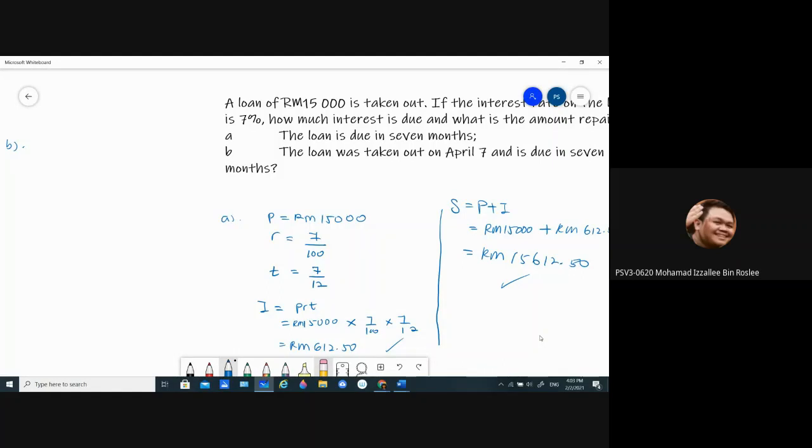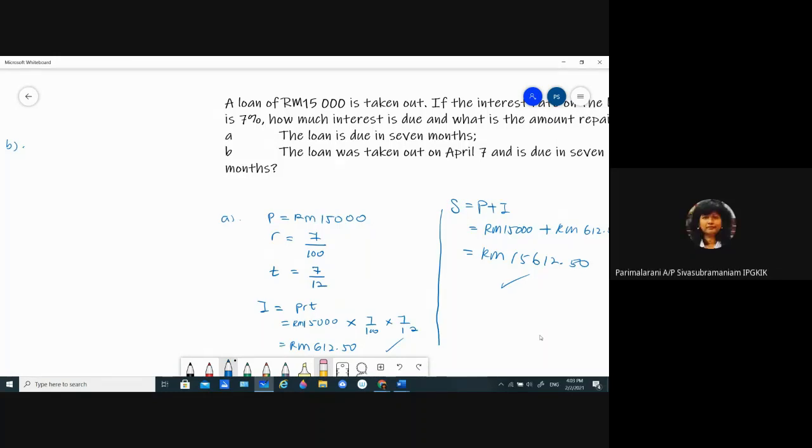Start from April 7. And so what is our T here for part B? Still 7 months? Is it still 7 months?